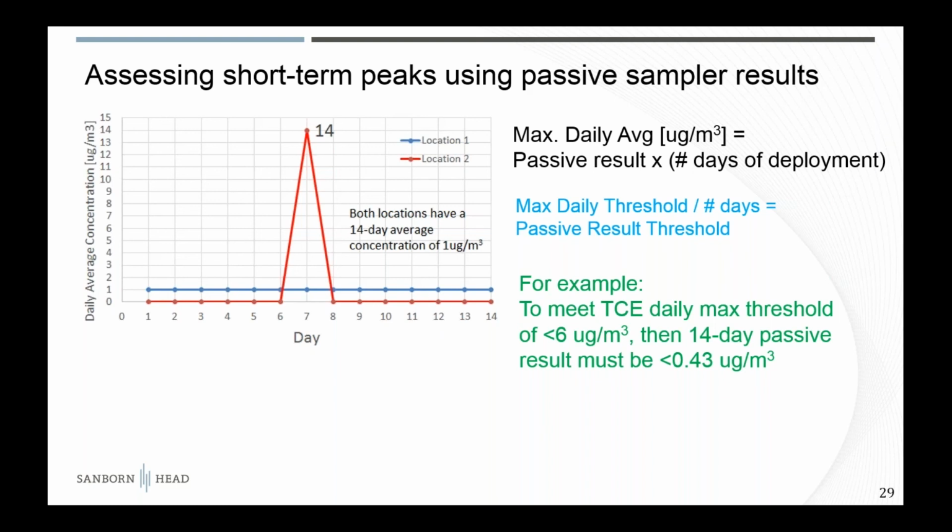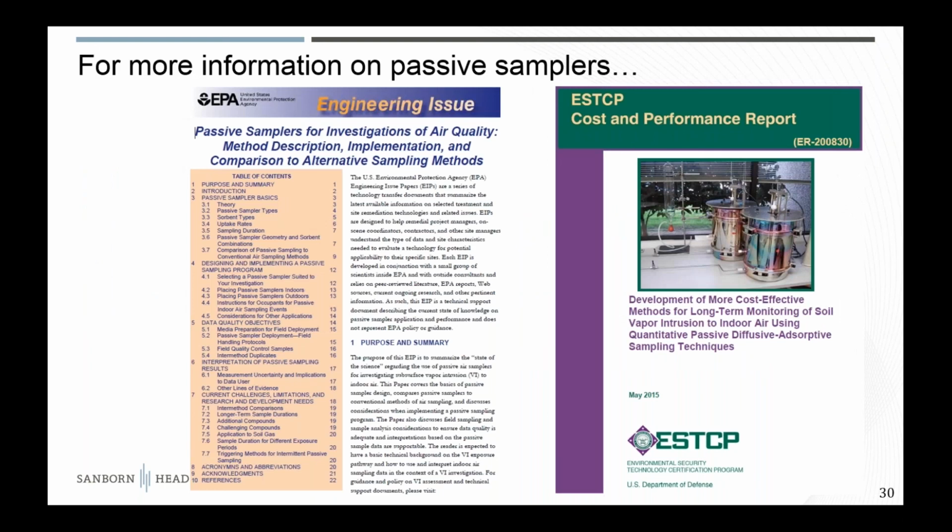It's a simple concept, but it's interesting that you can still use a passive sample to say something about what the peaks might be. And if you're interested in this, there are a couple of guidance documents out there that have a lot of information and detail to follow up on, the EPA engineering issue paper and the ESTCP document.